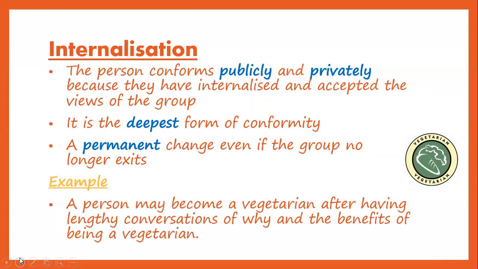You take that information, you process it, and then you may start to agree with the benefits of being a vegetarian. And therefore, you change your beliefs and your outward behavior because you stop eating meat and meat products. And therefore, you have now gone into the deepest form of conformity because you start to agree with it and become the vegetarian.